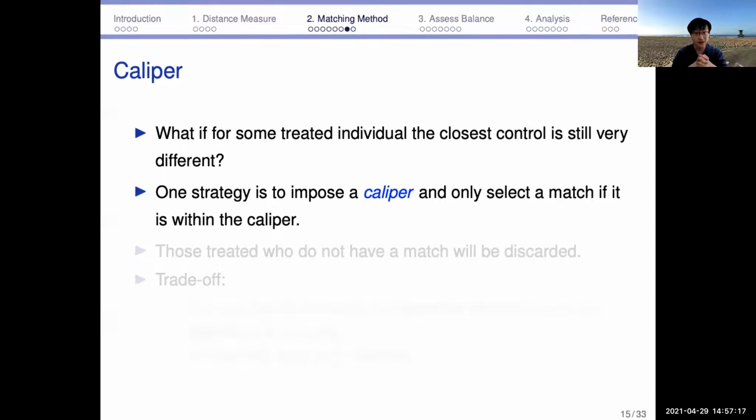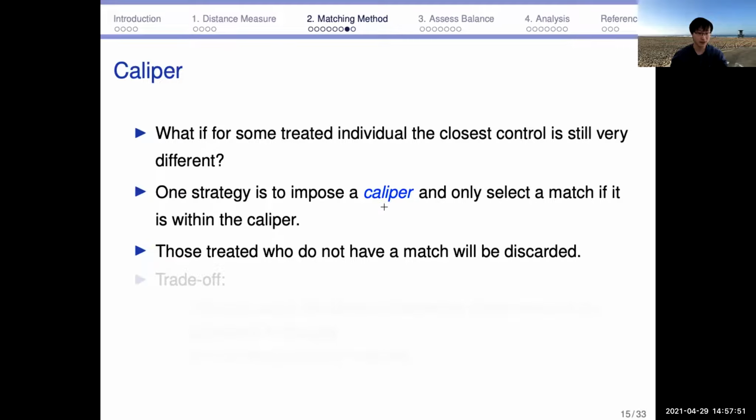One strategy is to impose a so-called caliper and only select a match if it is within the caliper. So, for example, suppose your caliper is the age difference must be within 10 years. Then in our example that we did, the first person, a male 18 years old, does not have any match within this caliper. So in this case, because he does not have a match, he will be discarded from the data set.